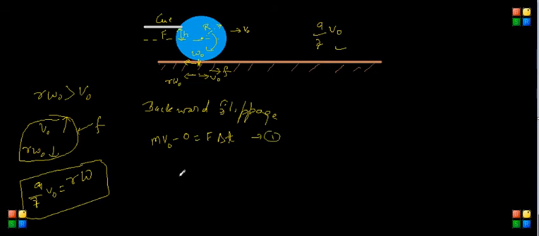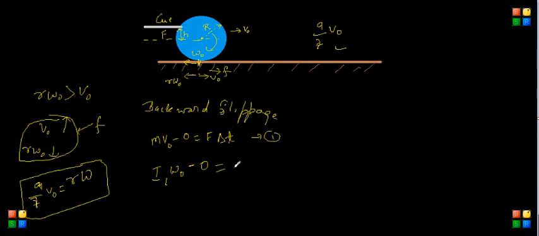My equation 2 would be from the angular impulse-momentum theorem. The change in angular momentum, delta L, is given by torque times delta t. So my change in angular momentum is the moment of inertia I about the center times omega naught, the angular velocity, minus 0, since the ball was initially at rest, and this equals torque times delta t.